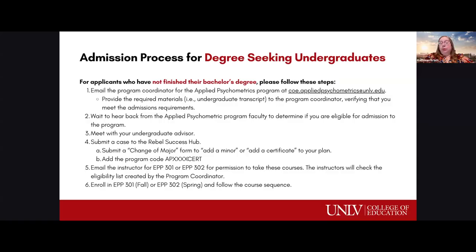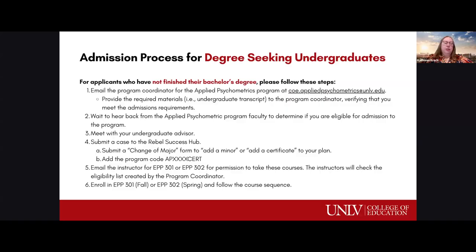And basically, we'll take 12 students per section of the courses. At this point, we're going to only offer one section this fall. And once we have had 12 individuals who've met the requirements, we will not be taking any additional individuals. So that is what that looks like.